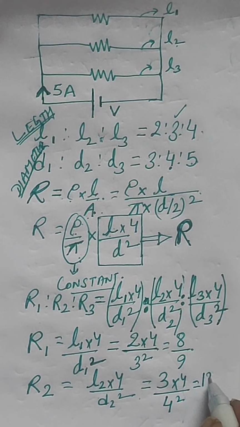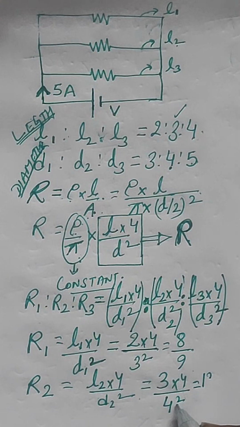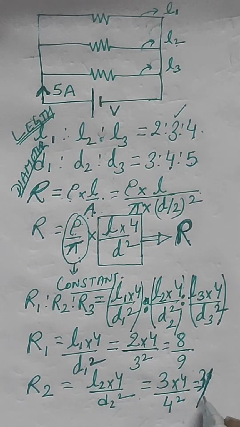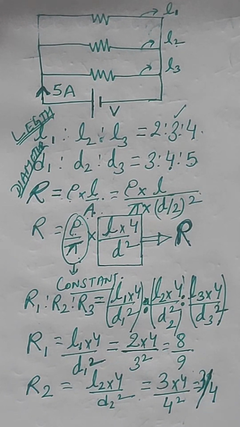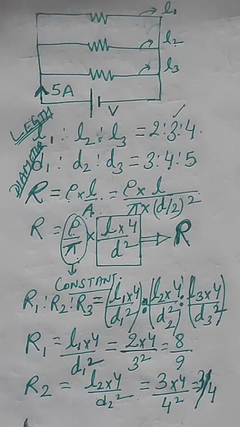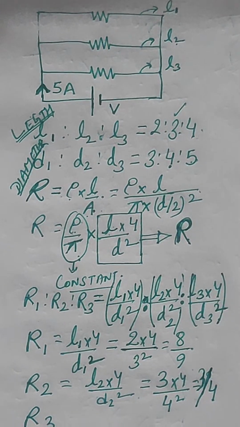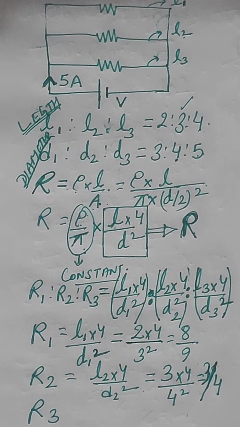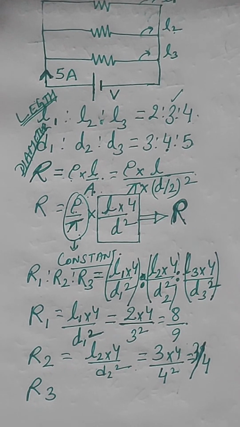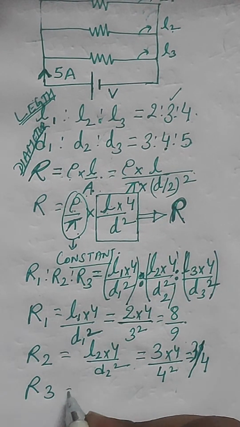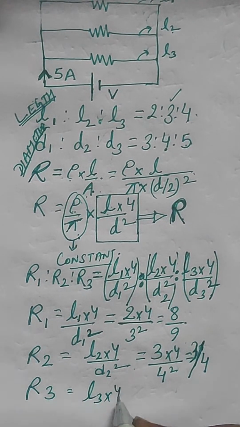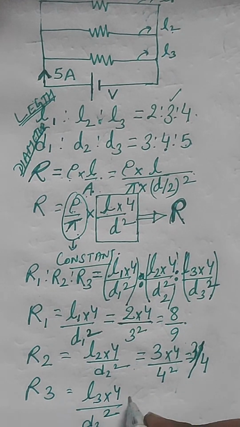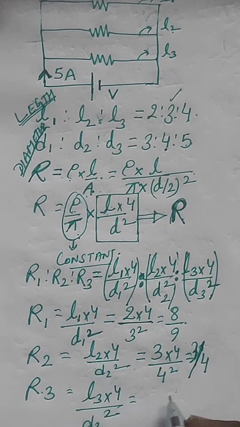So this is 4 and 4 will be cancelled out, so this will be coming as 3 by 4, right? And R3 is calculated as L3 into 4 by D3 square, which is coming as what?